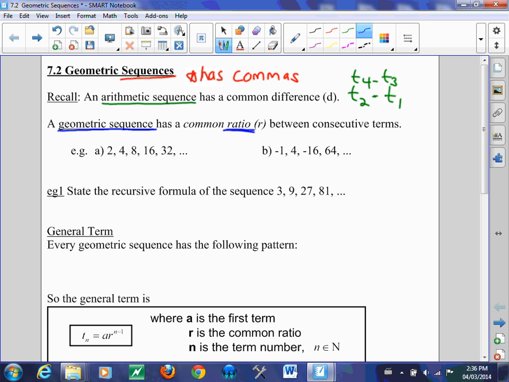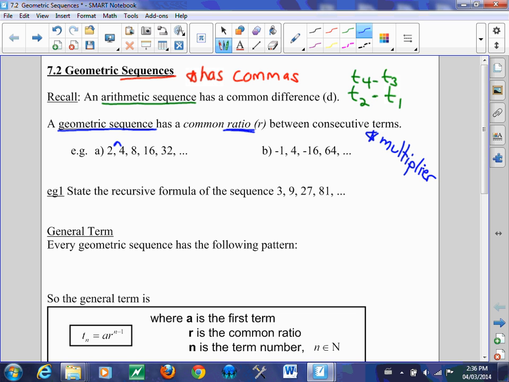Let's think for a second, for example A. What is happening in this pattern? I could look at 2 to 4 and say, hey, it's adding 2. But when I go 4 to 8, is it adding 2 again? No, there's something different happening. So instead of adding or subtracting, we have what's called a common multiplier, and the multiplier is the little r, which is the ratio.